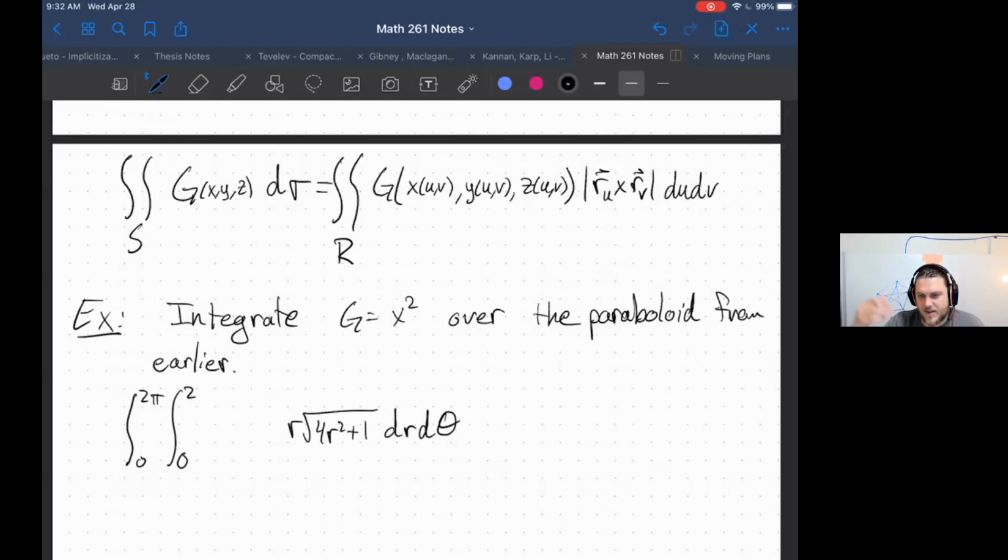So this is everything that's copied down from above, but then we need to plug in x squared for our function, in terms of our parameterization. Since we're using polar coordinates, we should have an r squared cosine squared. So overall, this is our integral.